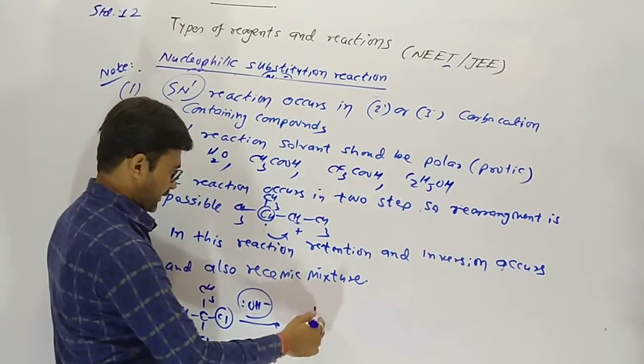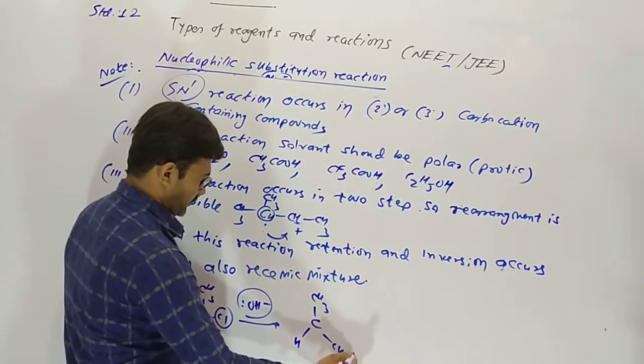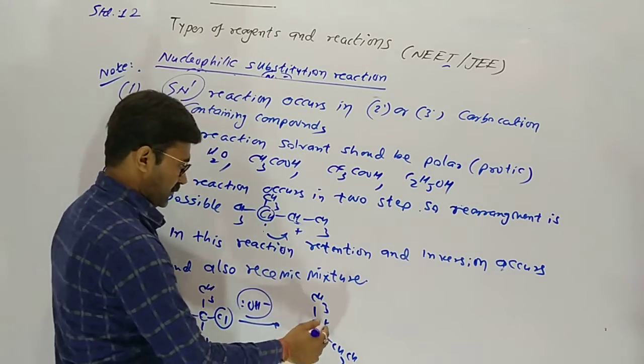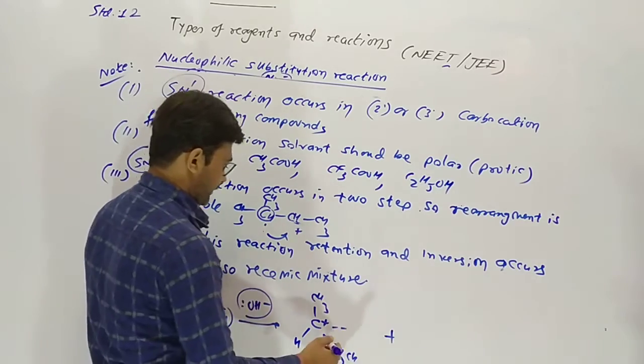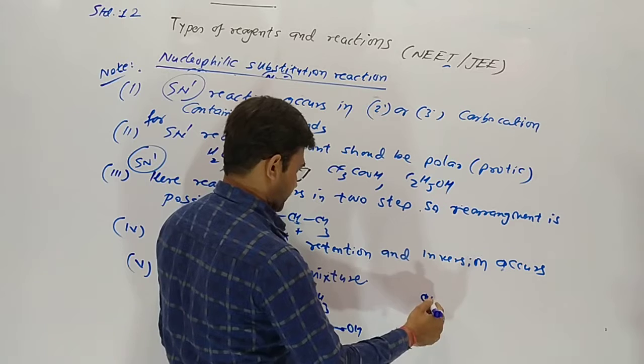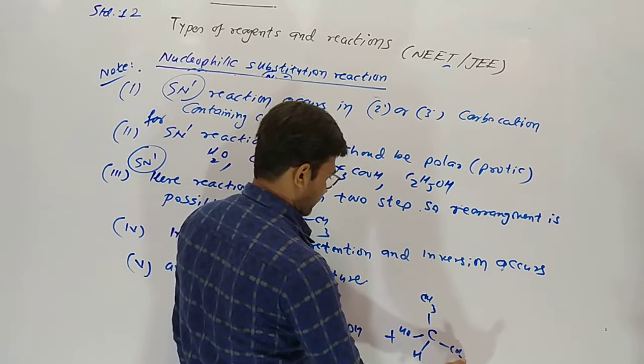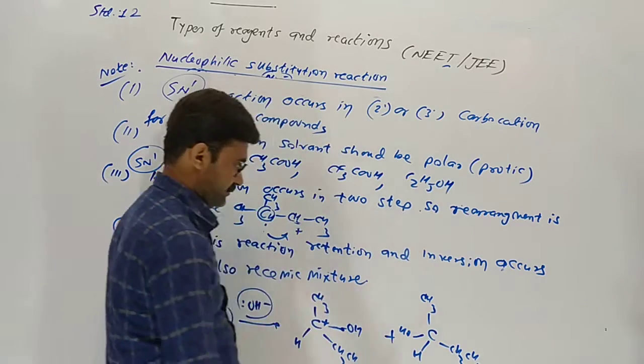First the carbocation occurs, and due to the carbocation, OH attacks from the left hand side, otherwise from the right hand side. So it gives a racemic mixture.